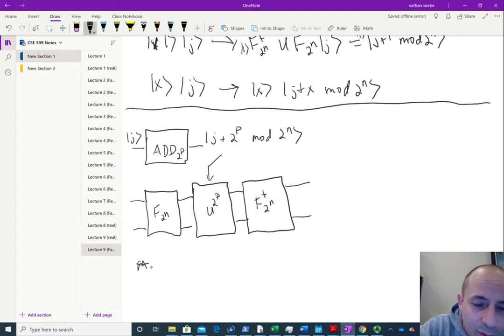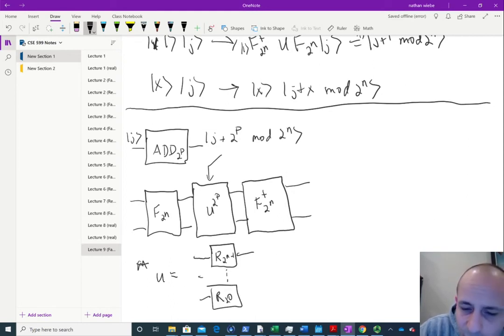Recall that U can be implemented by a circuit of the form R 2 to the n minus 1 going all the way down to R 2 to the 0. Okay, great. So then we simply need to take a look at what these rotations are.